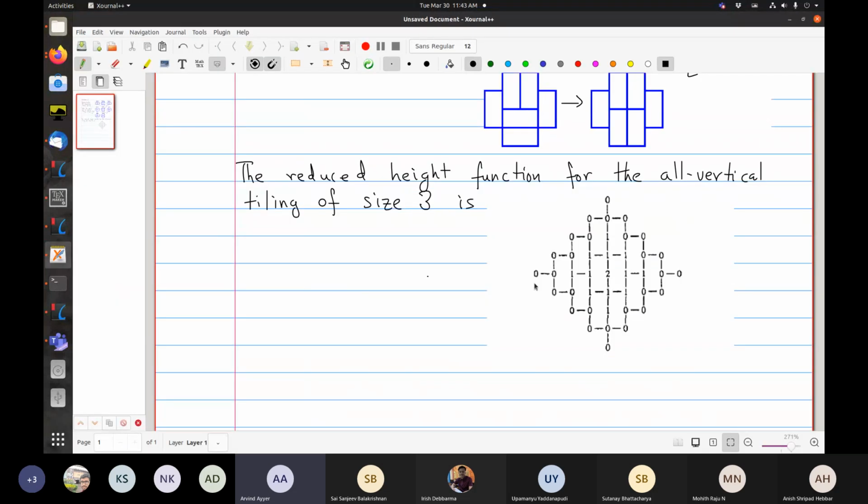But this is a bit problematic, and I said this at the last class.